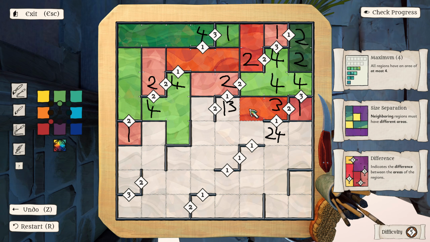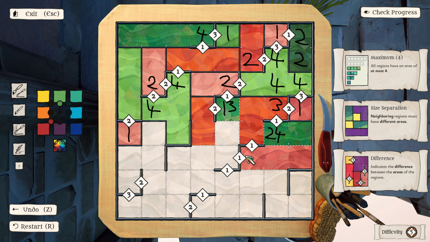Well, I don't have much to work with here. If this is a 1, this is a 3. That would be a 3. This would be a 2 or a 4. That was 3 plus 1 is 4.